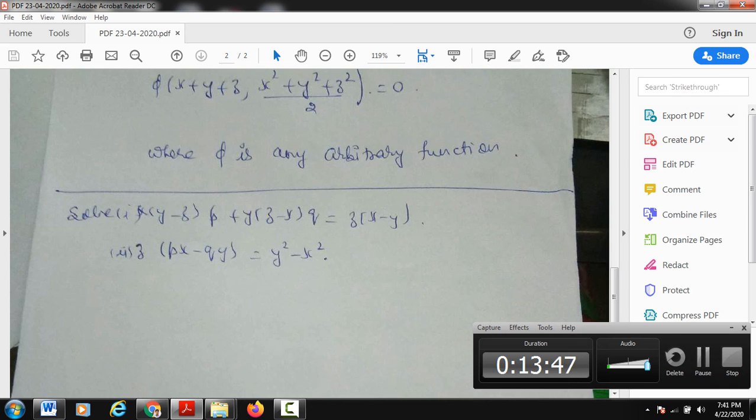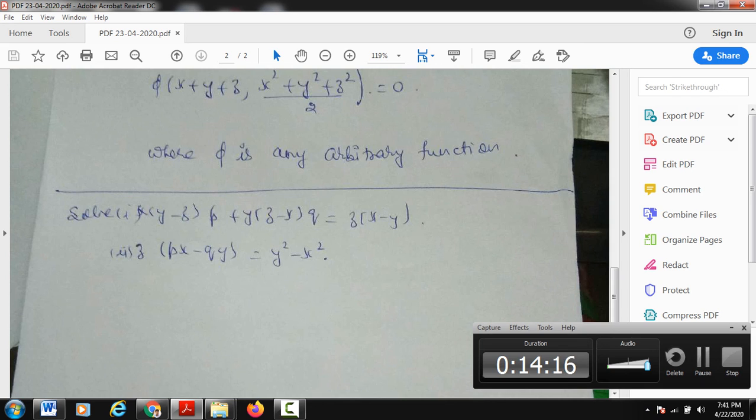Here, students, this equation has the variables p and q, meaning curly z over curly x and curly z over curly y, the first order partial derivatives; no other derivative is involved. Moreover, p and q possess degree 1 and are not multiplied together. So this is a first order linear partial differential equation, or Lagrange's linear differential equation, and you have to solve it with the method I have told you.